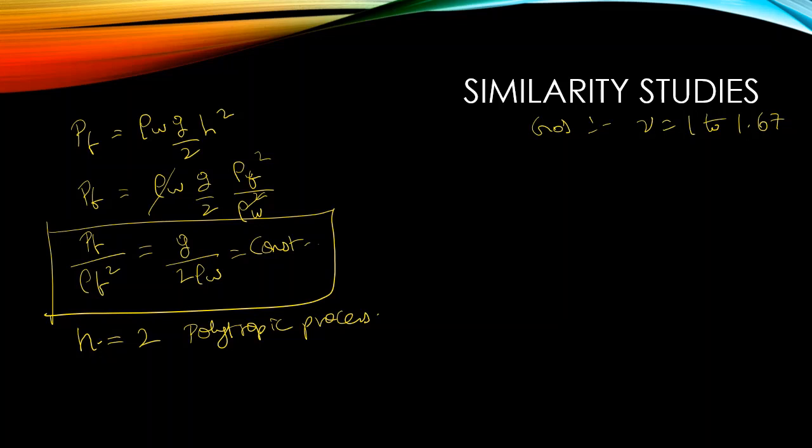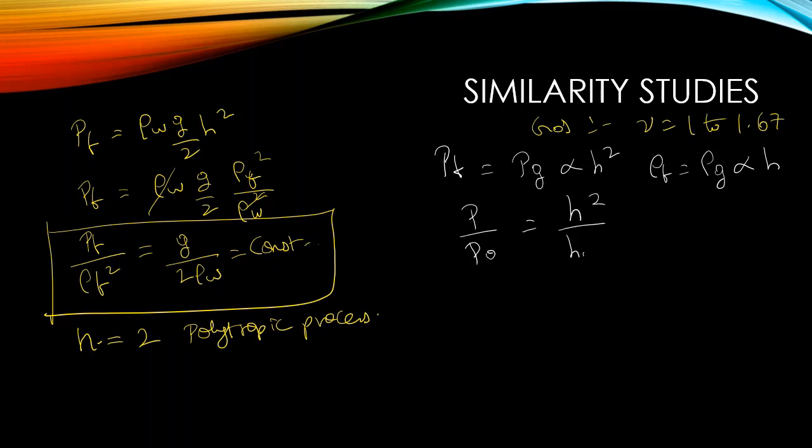For the similarity study, you again treat this value of PF. PF, the pressure of gas, is proportional to H squared, and ρF equal to ρg, the density of gas, is always proportional to H. Therefore, what is the value of P/P0? P/P0 for any model kept inside the analogy is H squared/H0 squared.